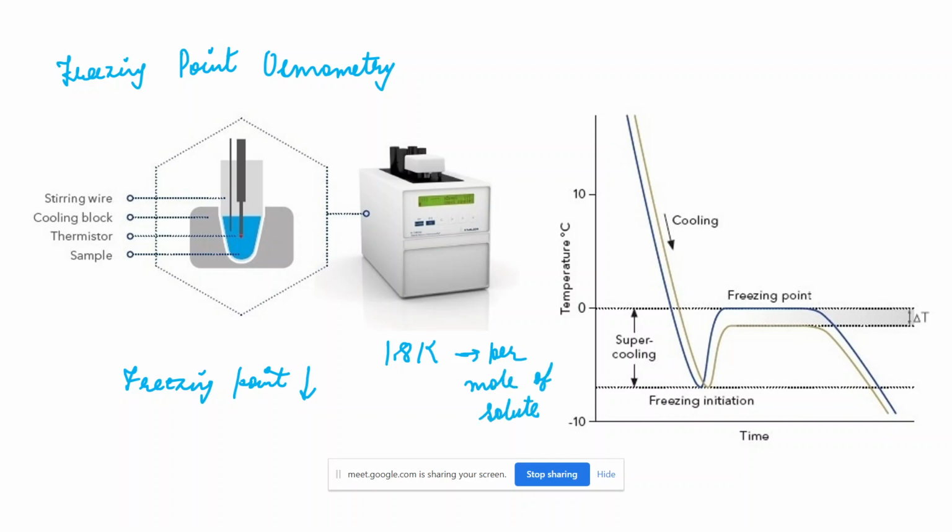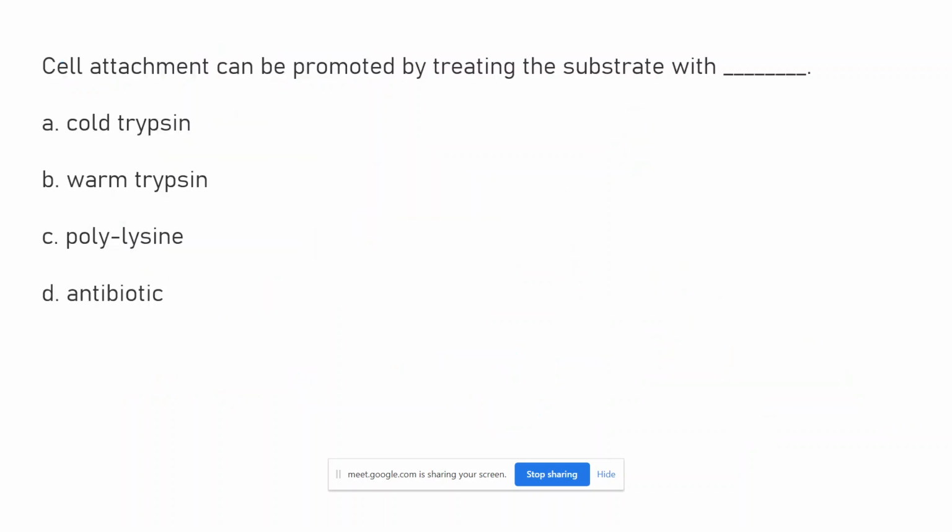Suppose you know the freezing point of the solution prior to adding your solute, and you add 2 moles of solute, and you wonder what the osmolarity of that solution will be. You can measure the freezing point, and depending on that, you can back calculate the osmolarity of your solution, because you can compare the different freezing points, and this is how you can calculate the osmolarity.